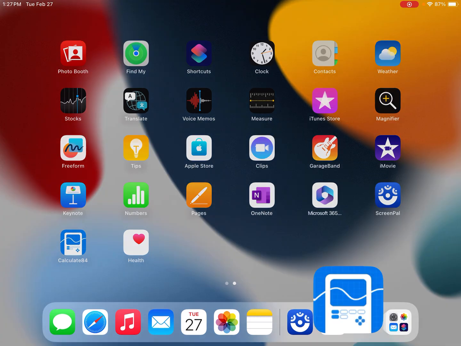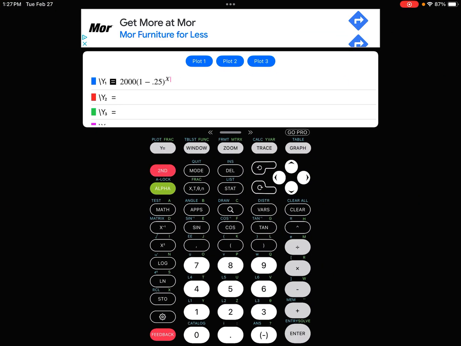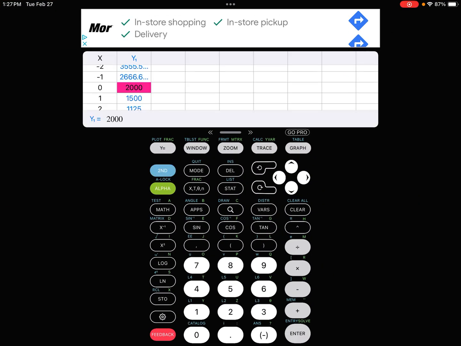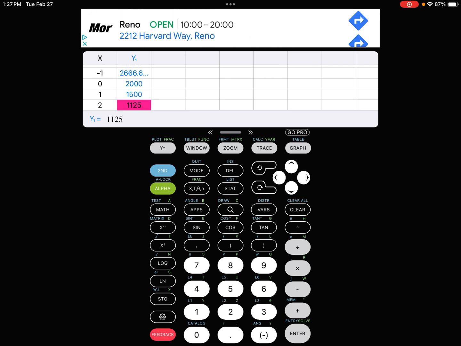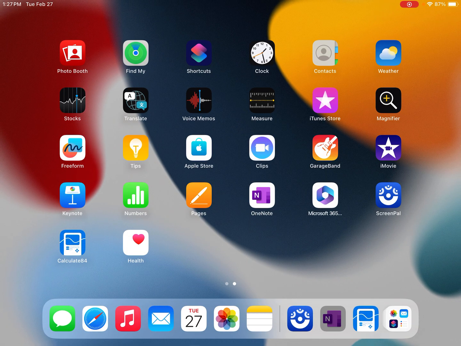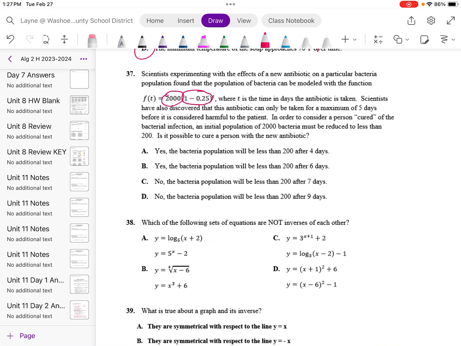Yep, looks good. And then we're going to go to the table and see how long it takes to reach 200. Oh boy. So it takes over 8 days to get down to 200, because it's not even technically at 200. It's still above 200 at 8 days, by a decimal, but it takes over 8 days.